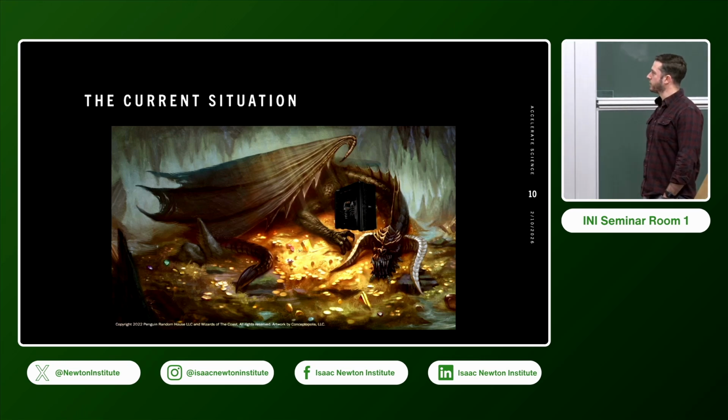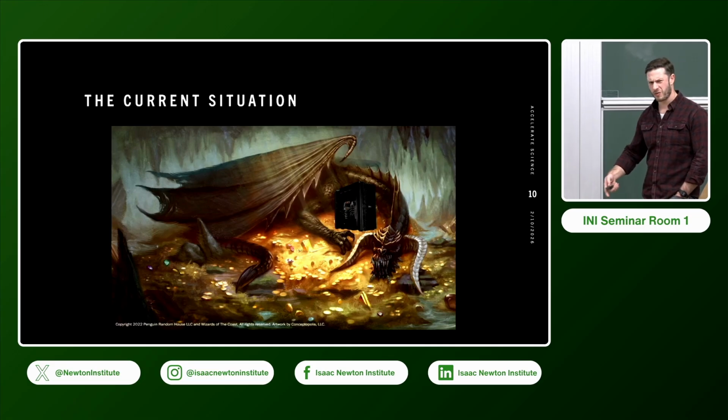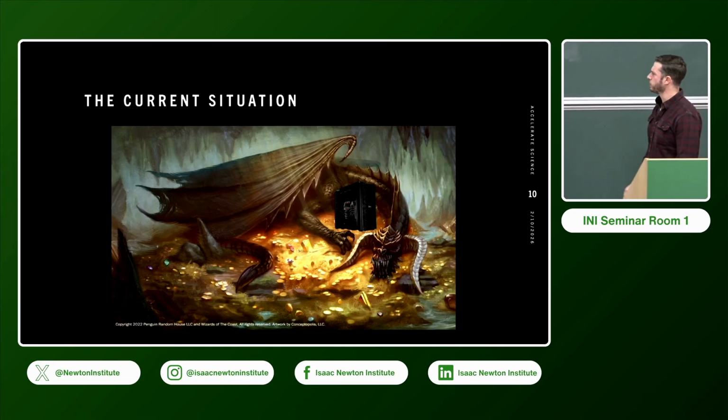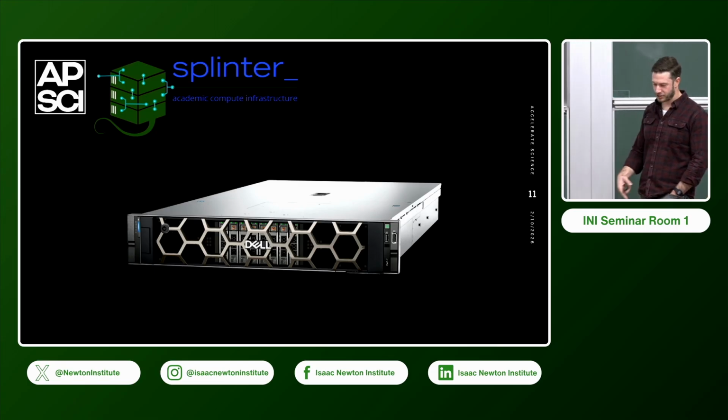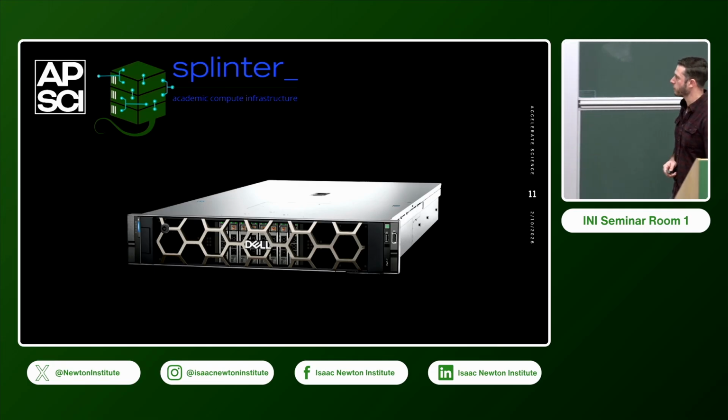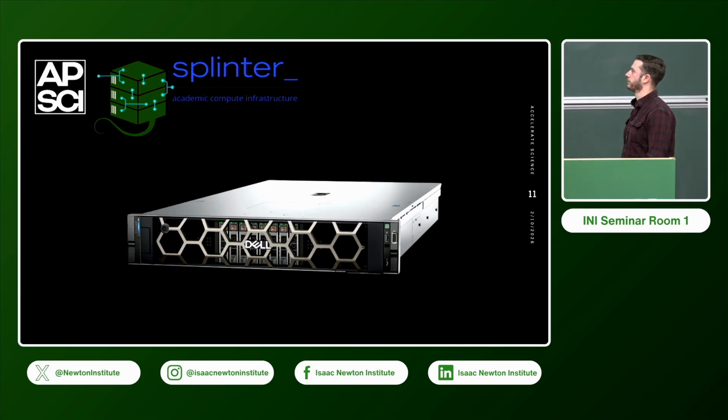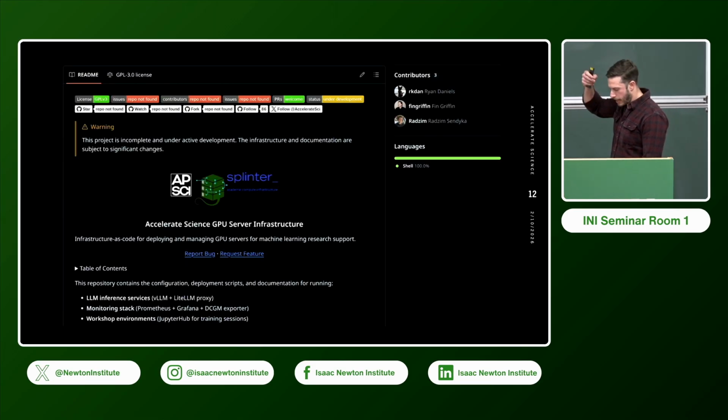So we decided to try and set something up ourselves and see if this was possible. So we bought a server ourselves and decided to set up some kind of large language model inference service. So this is it.